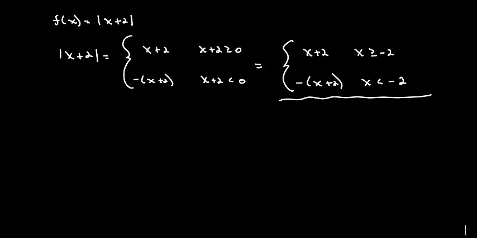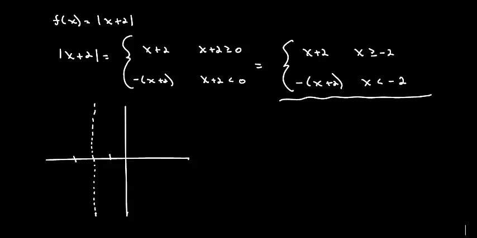Now we'll go ahead and sketch a graph for that out. So our split line, or our line of division here, is at -2. So at -2, we've got this vertical line. Well, it's imaginary, right? It's not really there, so we'll delete it later.